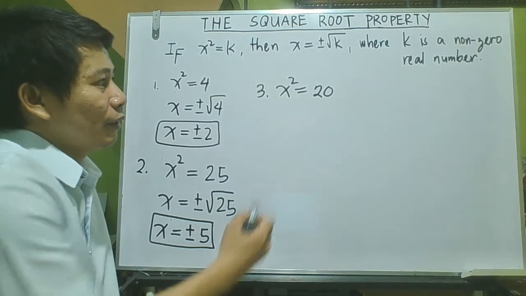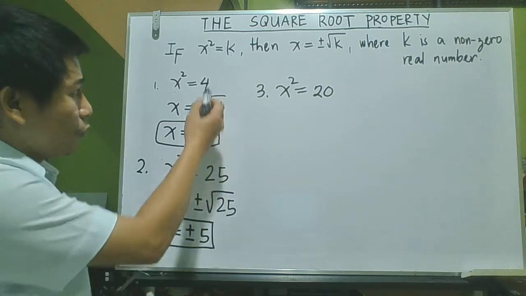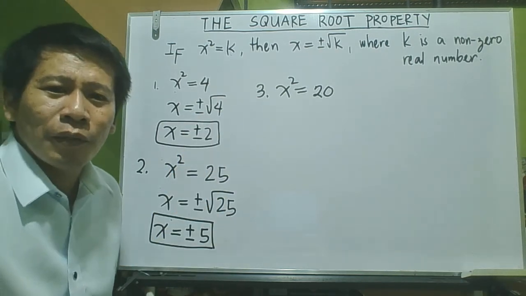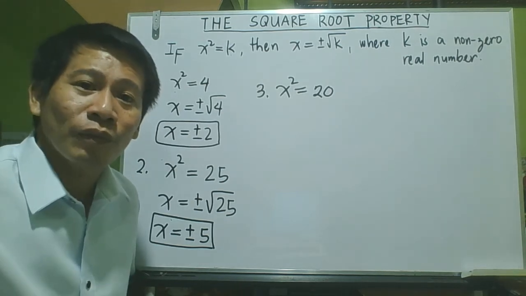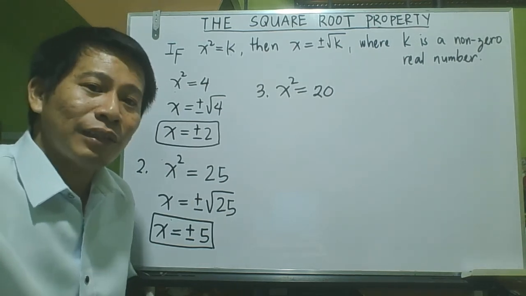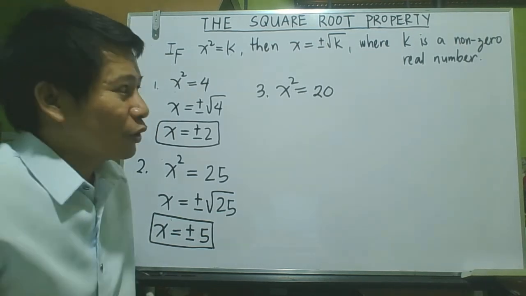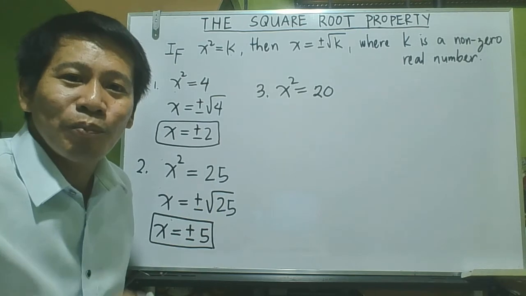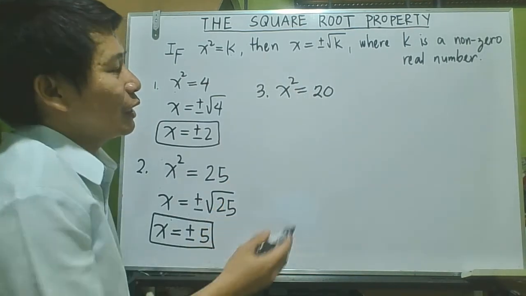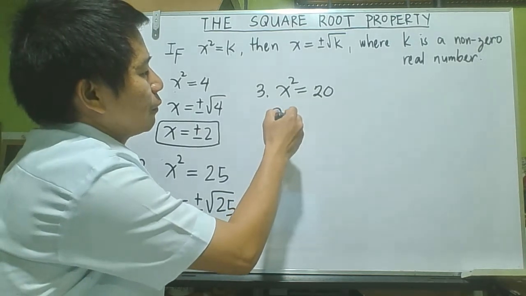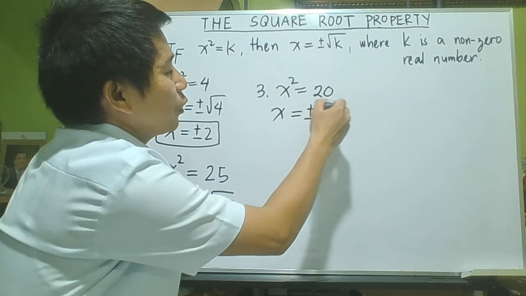Observe that 20 is not a perfect square compared to 4 and 25, because 20 doesn't have an exact square root, or the square root of 20 is not a whole number. So 20 is a non-perfect square. So if we apply the square root property, we will have x is equal to positive negative square root of 20.